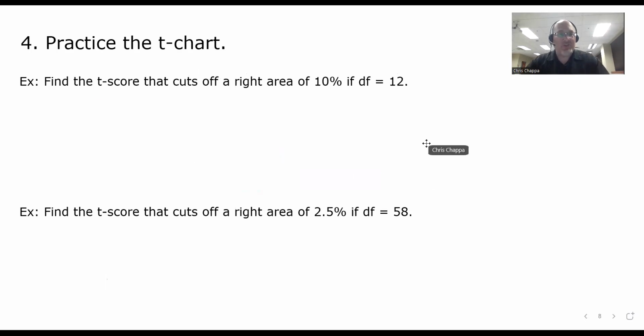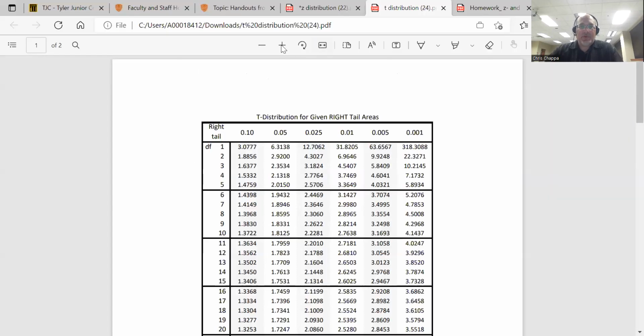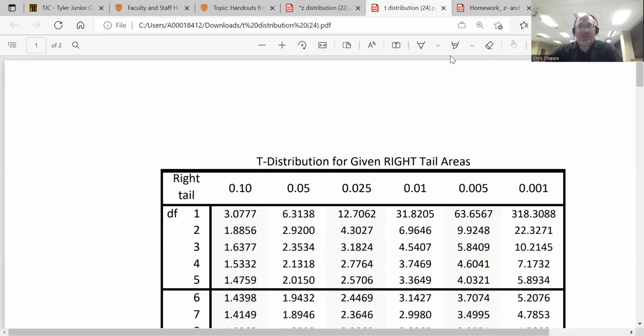All right, we're going to practice using the t-chart by finding a t-score that cuts off a right area of 10% if the degrees of freedom is 12. Let's take a look at the t-chart. You'll notice the t-chart says it's for right tail area, so that's good. Here are the 6 areas that I told you about.